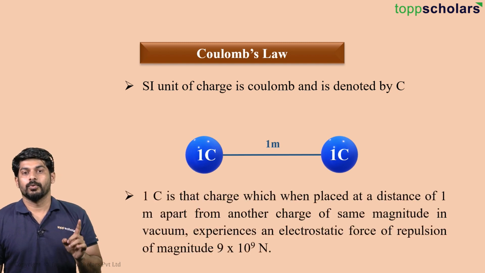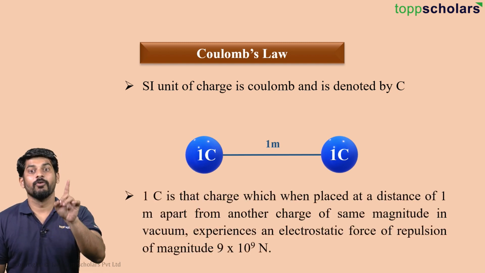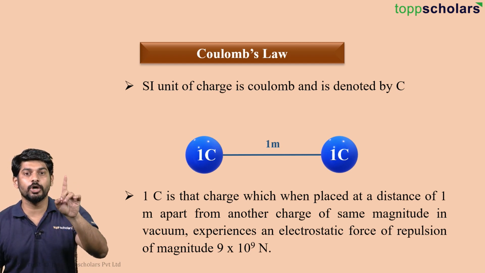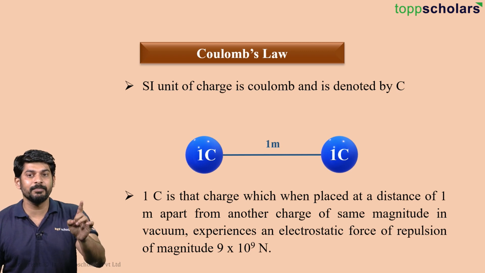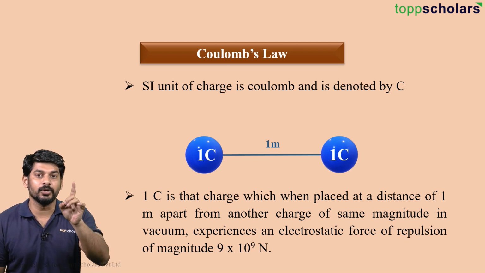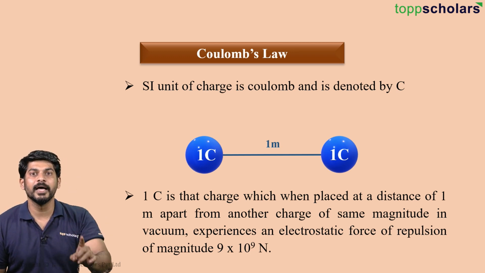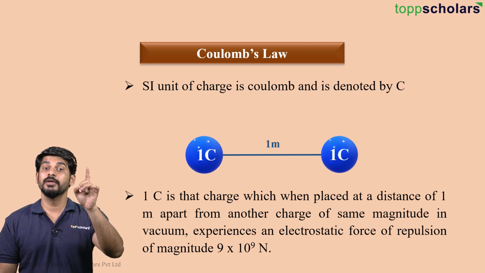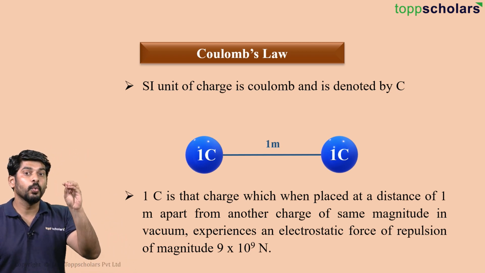Now, 1 Coulomb is that charge which, when placed at a distance of 1 meter apart from another charge of same magnitude in vacuum, experiences an electrostatic force of repulsion of magnitude 9 x 10^9 Newton. So this is the definition of 1 Coulomb.